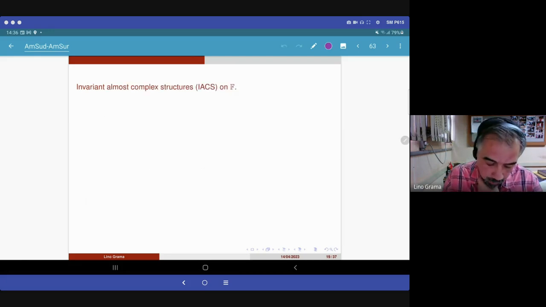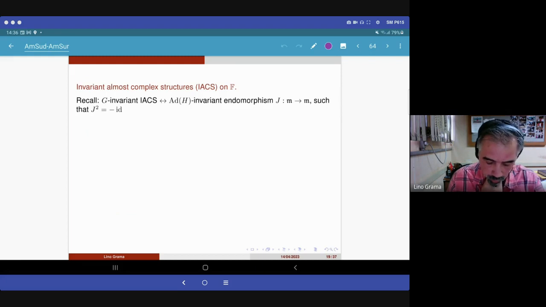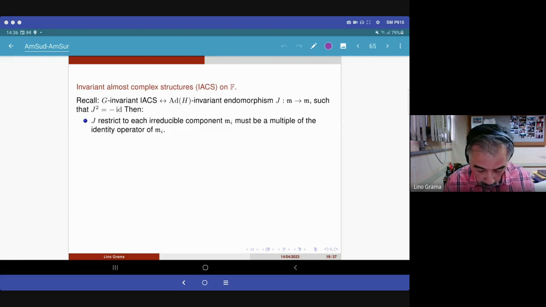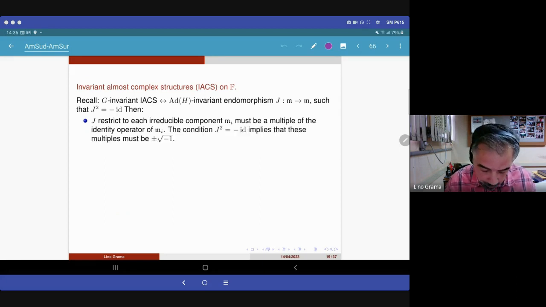For invariant almost complex structures, recall that an invariant almost complex structure is an endomorphism J with J square equal to minus identity, and you need to impose the condition of invariance by the adjoint action. And again, J restricted to each component must be a multiple of the identity.